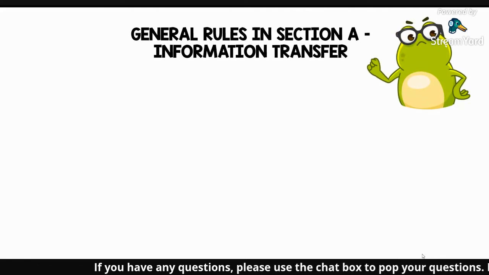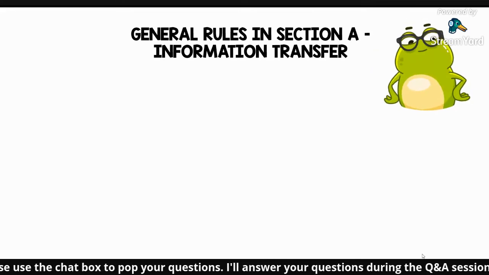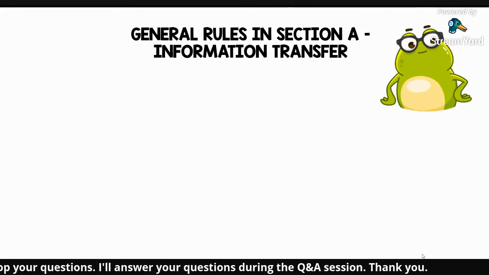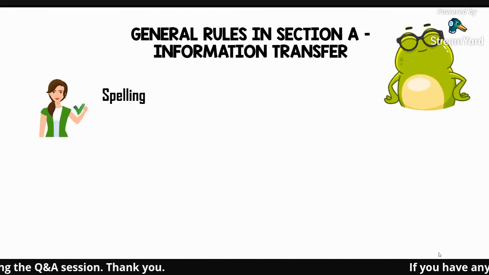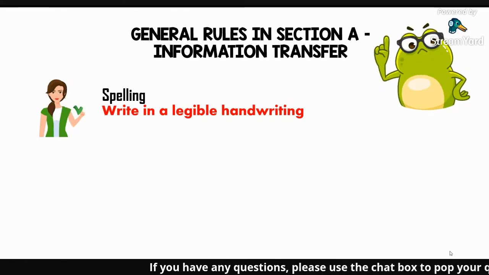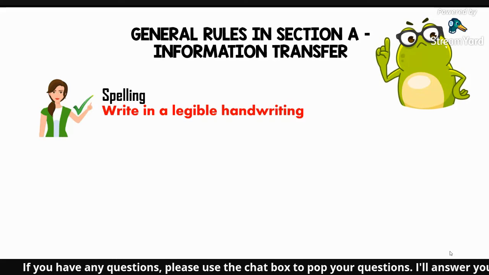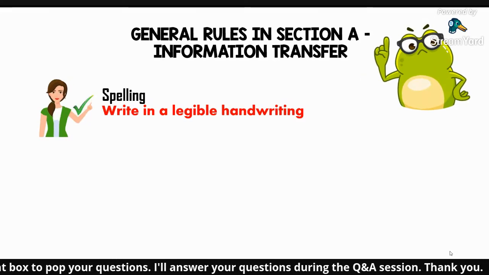Now, when it comes to information transfer, can you see the frog on the right hand side? As the frog is telling, you have to listen carefully. The first thing is your spelling. When it comes to spelling, you have to write in legible handwriting. What is the meaning of legible?